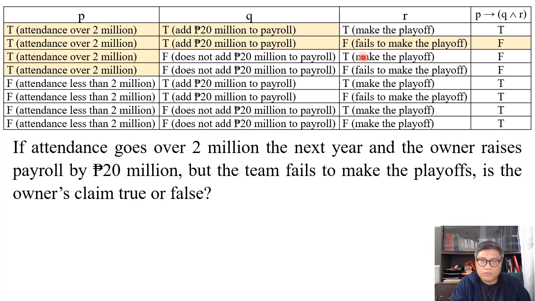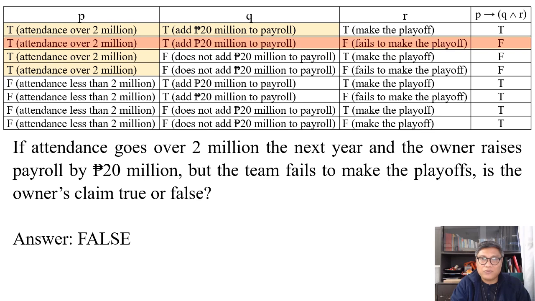So here we have fails to make the playoff. So this one here is our answer. So we can see already that our answers will be this one. Okay, so this is now our statement that we are looking for. Then we see that the result is false. And this claim is a false claim by the owner.